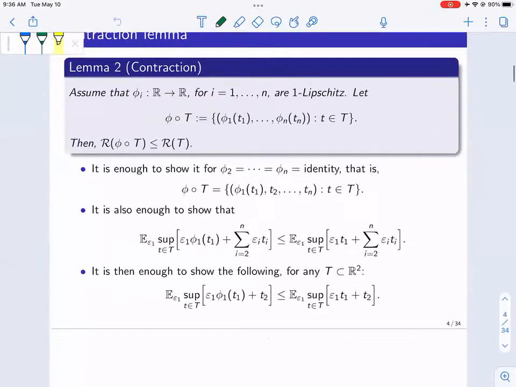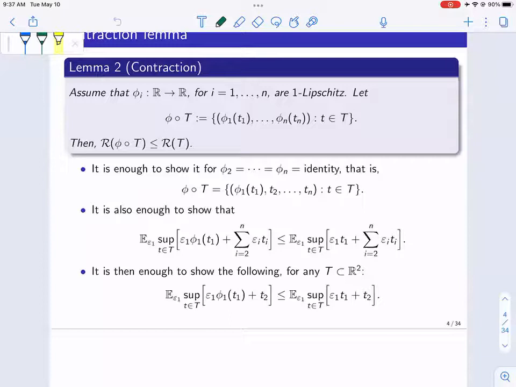So that was something quite interesting, and then we were going to use that to give bounds for hard-margin SVM. And then there was this contraction lemma that says that if I have a subset T of, let's say, R^n, and then I apply scalar Lipschitz functions to every coordinate, let's say they are 1-Lipschitz, then the Rademacher complexity of the resulting set is upper bounded by the Rademacher complexity of the original set.